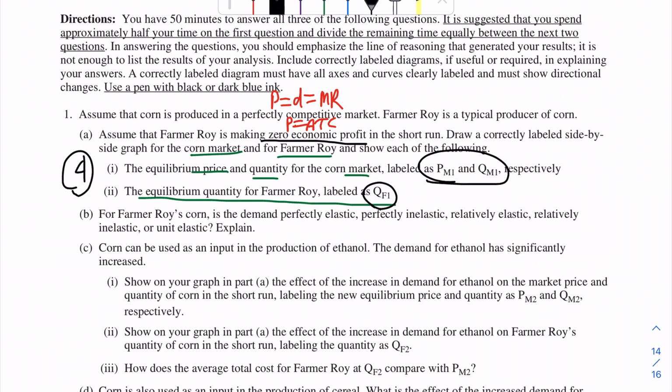For Farmer Roy's corn, is the demand perfectly elastic, perfectly inelastic, relatively elastic, relatively inelastic, or unit elastic? You already know this answer.